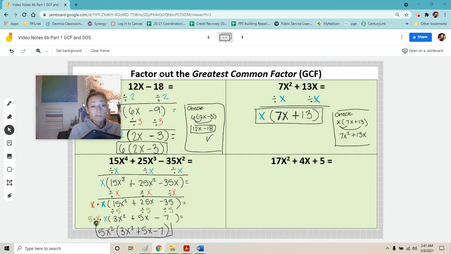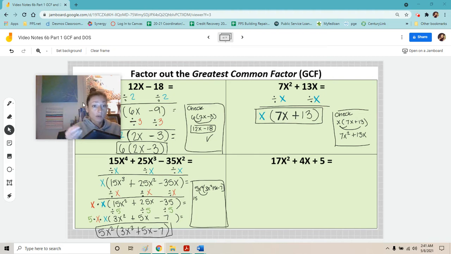And checking your work should be really easy. Again, it's just going through and doing the distribution. So when I multiply here, 5 times 3 is 15. X squared times x squared. That's 2 x's multiplied times another 2 x's multiplied.